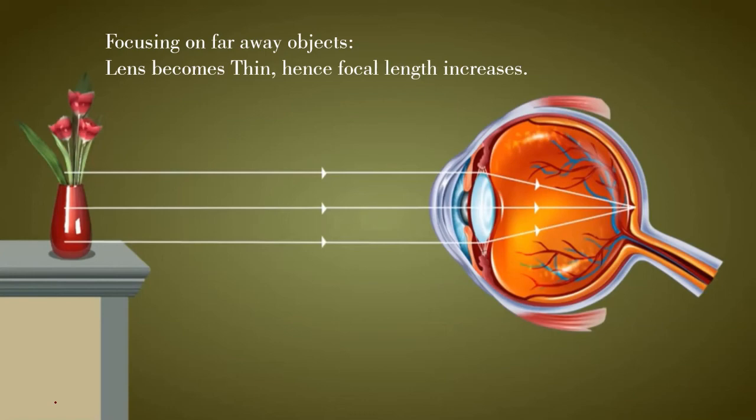So in order to focus on far away objects, our eye lens becomes thin. If this is a thin eye lens, it is a part of a larger circle, and as the circle increases, the radius of curvature increases, and hence the focal length increases, right? So when we have to focus on faraway objects, remember the eye lens becomes thin. As the eye lens becomes thin, focal length increases.